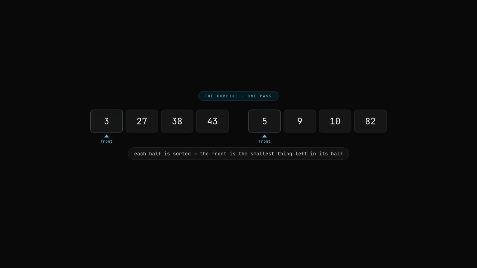Each half is sorted, so the element under each pointer is the smallest thing left in its half. Now compare the 2 pointers. The smaller one is smaller than everything left in its own half, and smaller than everything in the other half too, because it just beat that half's front. It is the minimum of everything remaining, so it's final.